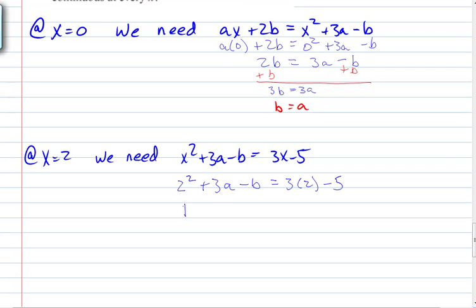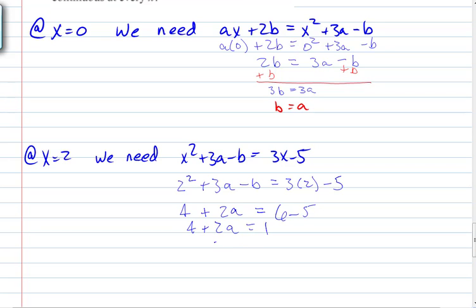So this is going to be 4 plus, since A is equal to B, can I make that B an A and combine like terms? So that's going to be 3A minus A is 2A equals 6 minus 5. So we end up with 4 plus 2A equals 1.